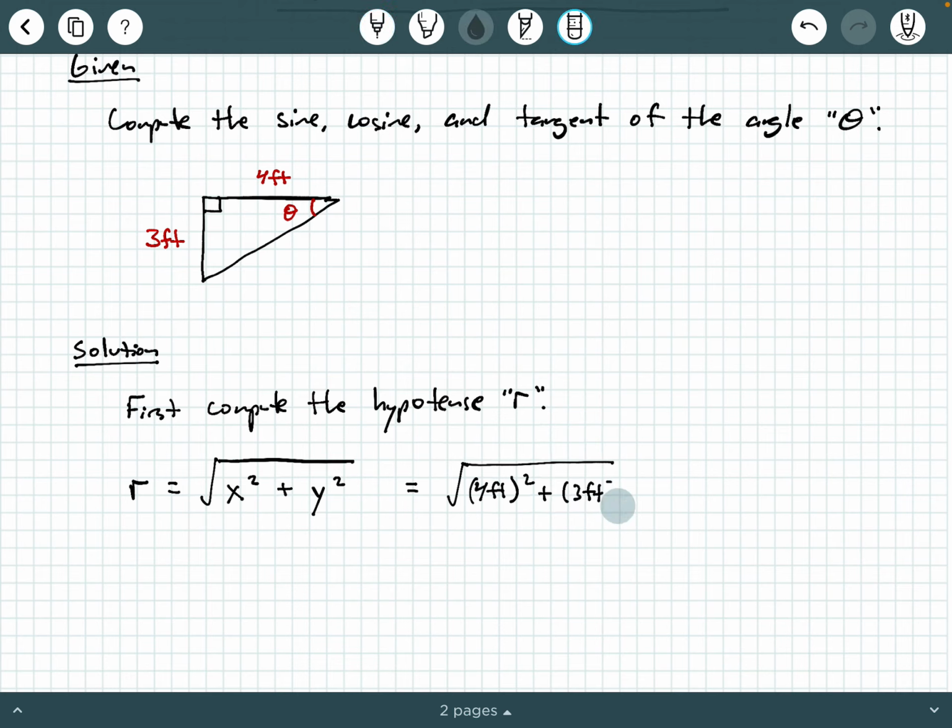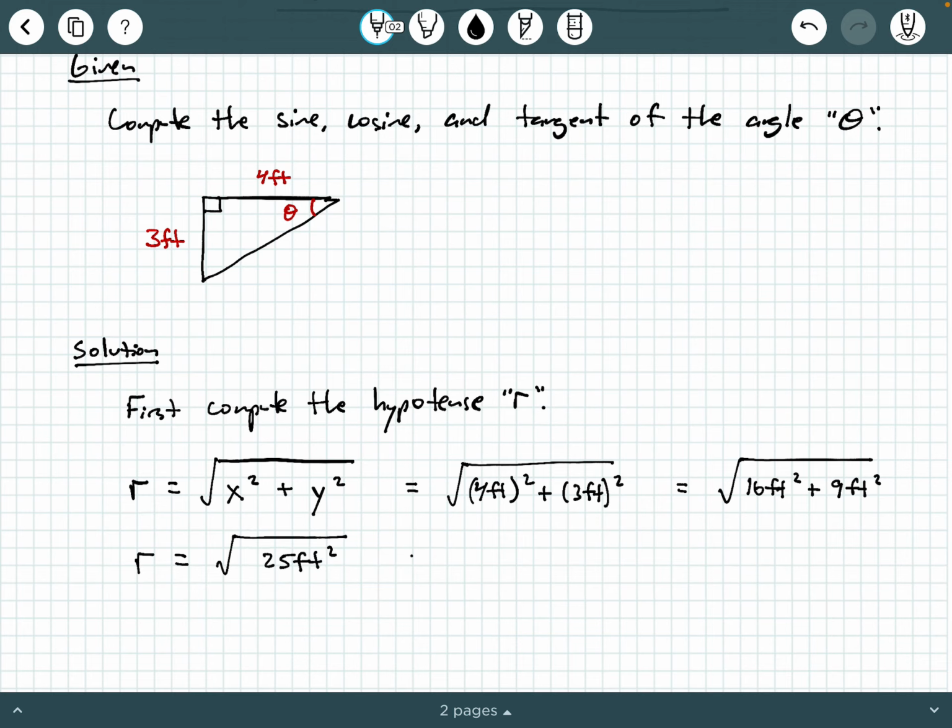Oh, I put my parentheses in the wrong place. 3 feet squared, not cubed, squared. So when we evaluate this, we're going to take the square root of 16 feet squared plus 9 feet squared. Now, when you evaluate that one step at a time, you get the square root of 25 feet squared.